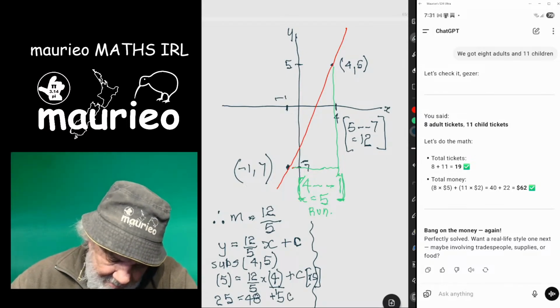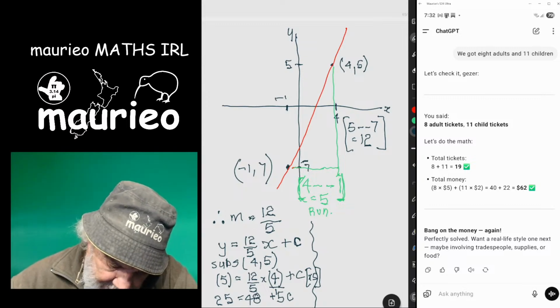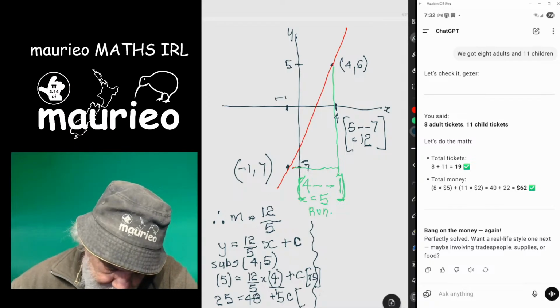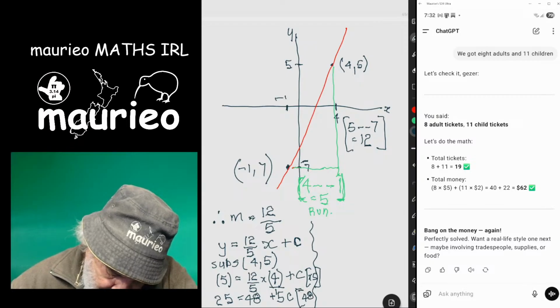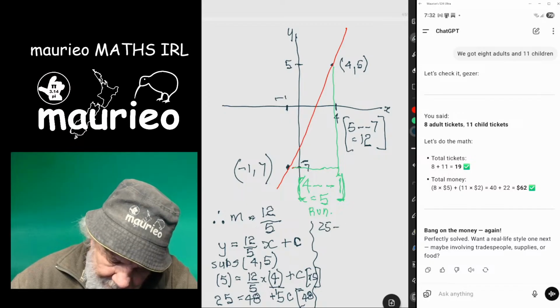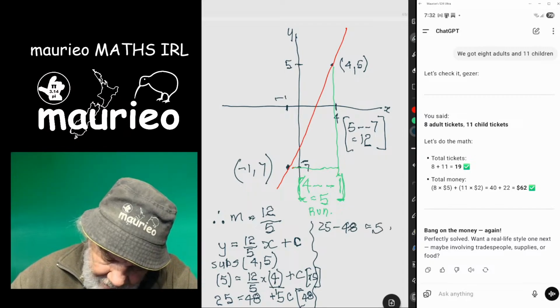Okay, so now we can subtract 48. So we get 25 minus 48 equals 5c.